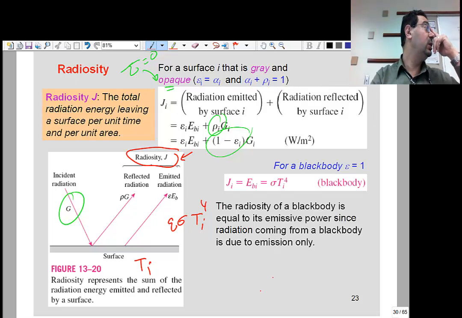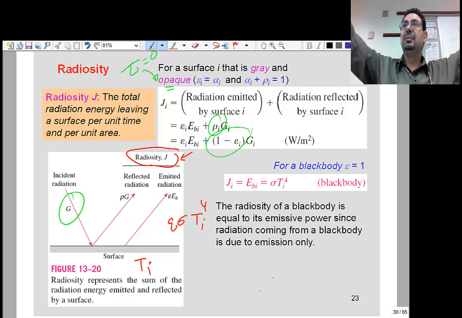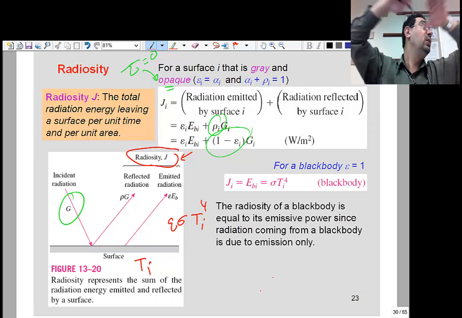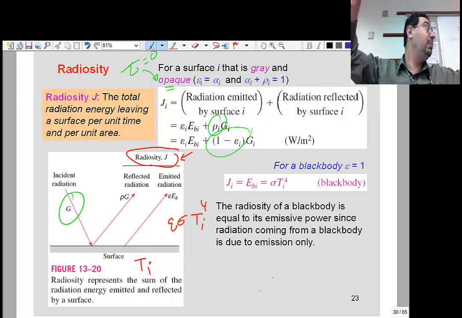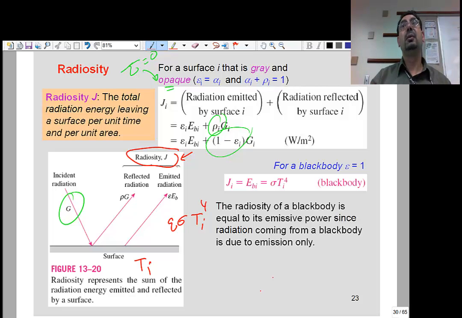That's why we have to understand what this radiosity is. So if you want to calculate the heat transfer by radiation, you need to know the J of the 2 surfaces, and you divide, so J1 minus J2 divided by the resistance between them. That would be the radiation heat transfer, the Q that the problem will ask you about in the final. So you have to have your hand on the J and the J.